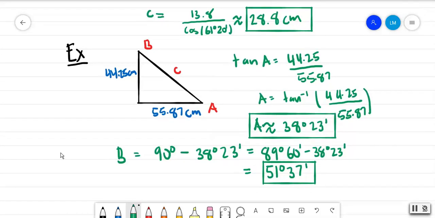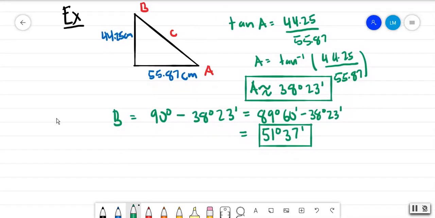Now, in this case, we can solve for C however you want to at this point. We can either use the angles that we found, or we can just use the Pythagorean theorem. It's probably going to be better to use the Pythagorean theorem, so C squared is equal to 44.25 squared plus 55.87 squared.